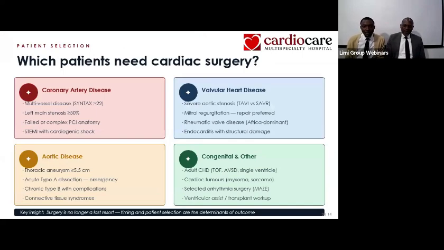Okay, now we'll ask ourselves this question: which patients need cardiac surgery? There is this misconception that cardiac surgery is the last resort, but modern cardiac surgery has gone beyond that.